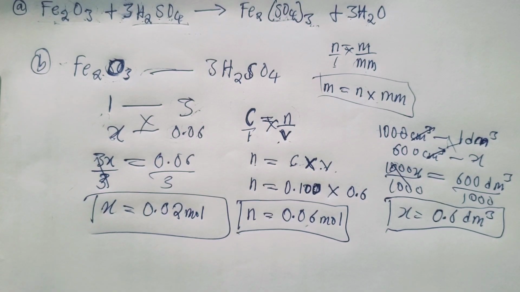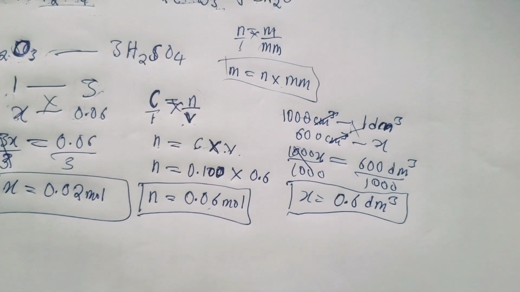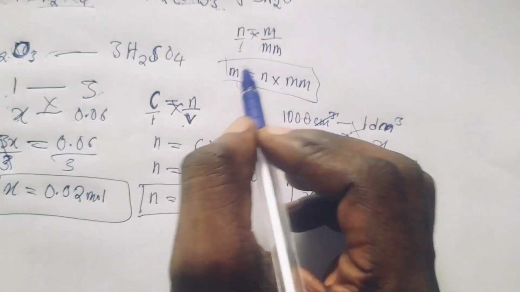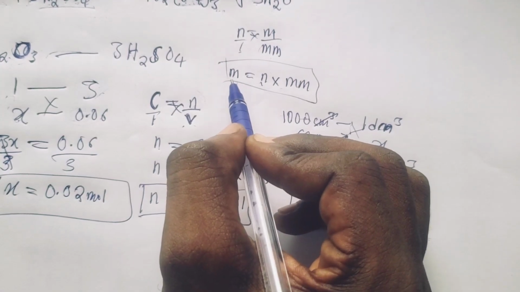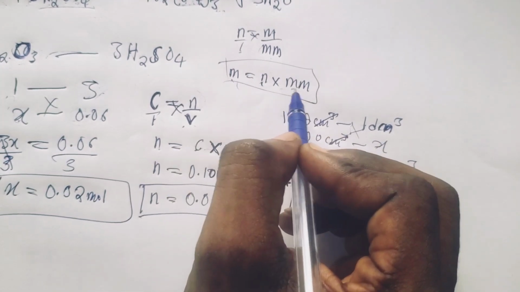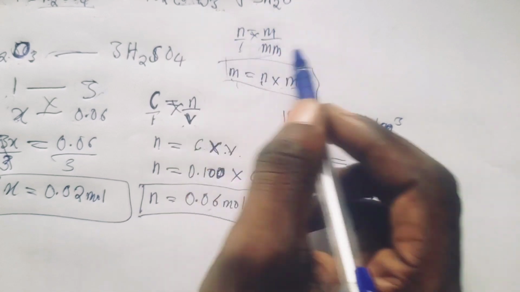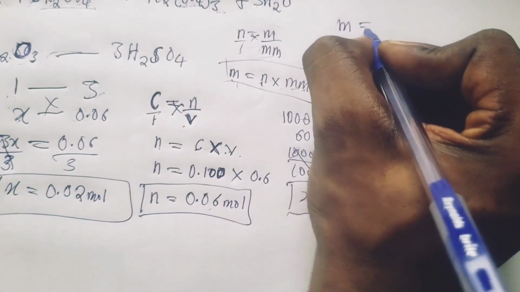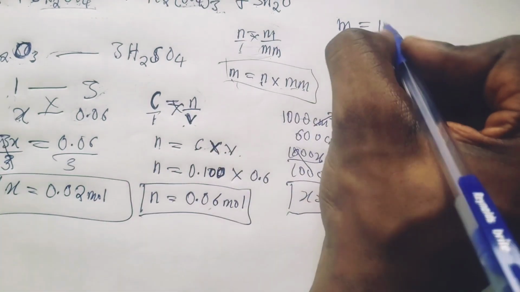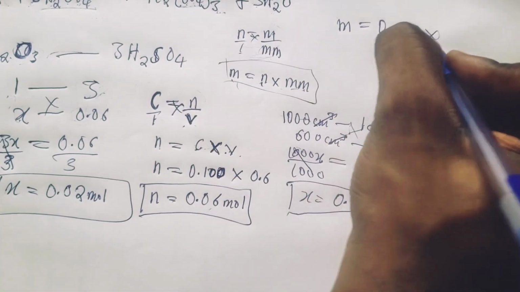Since we found the number of moles, it's easy to use the equation I told you to find mass. Since they are looking for the mass of pure, it is number of moles times molar mass. So our mass is going to be the number of moles we've calculated, 0.02, times the molar mass.